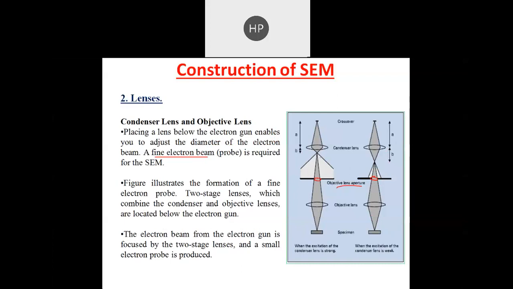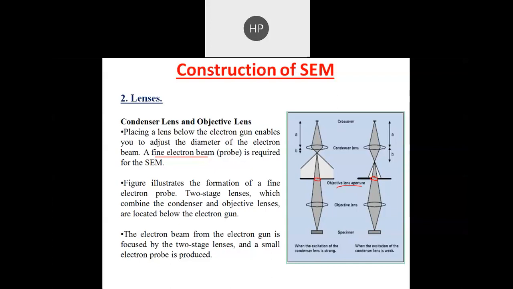If the B to A ratio is changed accordingly, the electrons will be broad and spread on the aperture, and due to that wide range, the number of electrons passing through this gap of the objective lens is less. So fewer electrons will reach the objective lens.